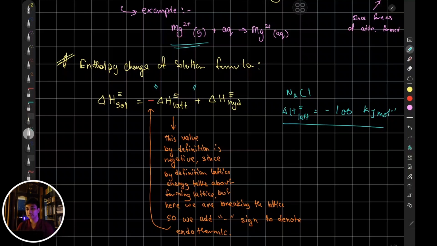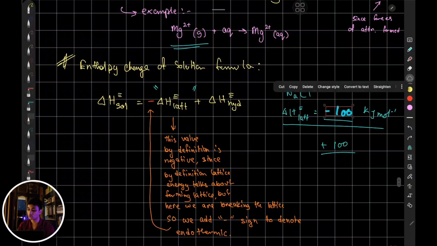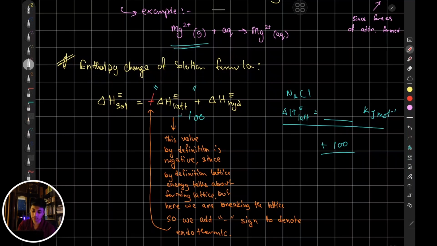Now, in the case of enthalpy change of solution, it's not going to form the ionic structure. It's going to break it. So it's not going to be minus 100. It's going to be positive 100 since those exact bonds are going to be broken down. Therefore, we have to add a minus sign, because if you plug in this exact value, the minus will get cancelled out and you get a positive 100 value.